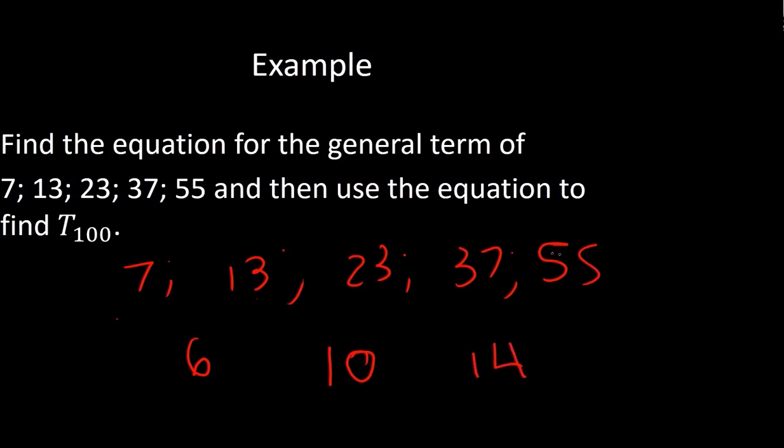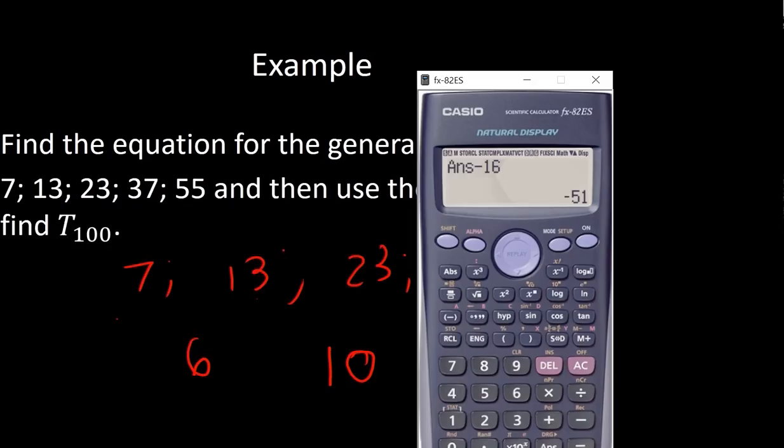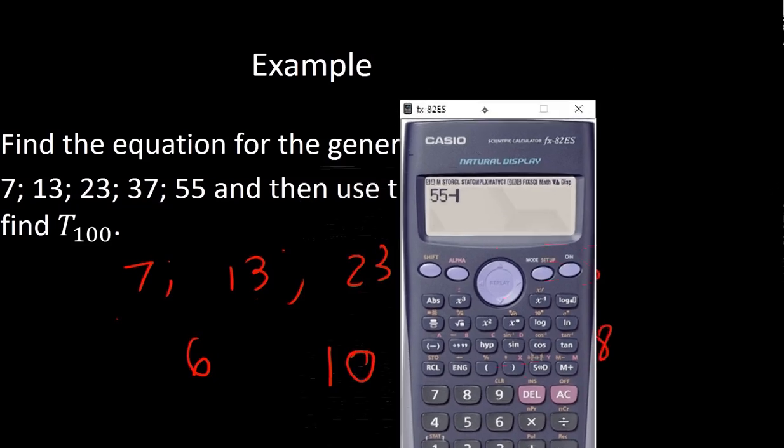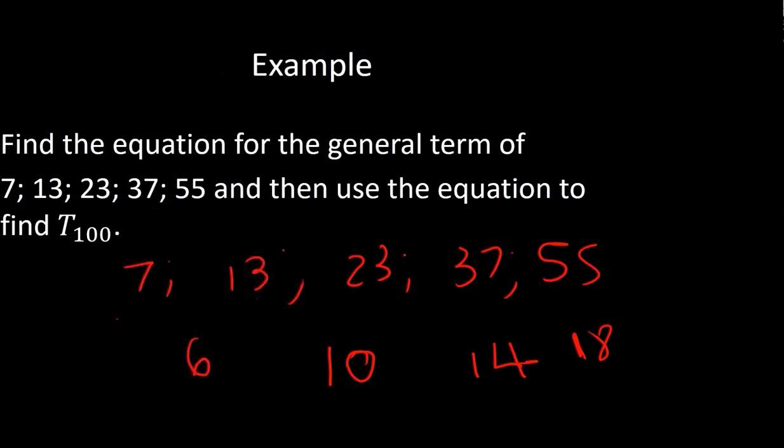And the next one, 55 minus 37, we've got 18, I think it is. Let's just double check that one. 55 minus 37, 18. Fantastic.